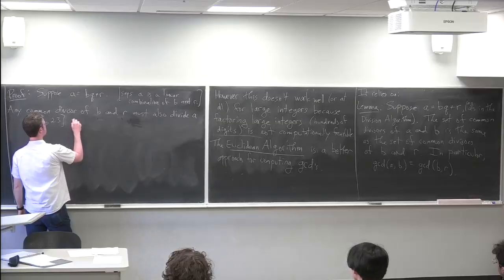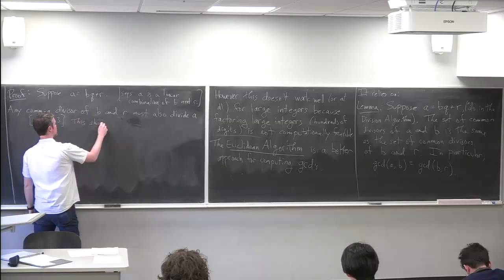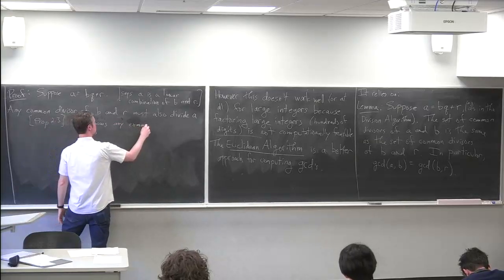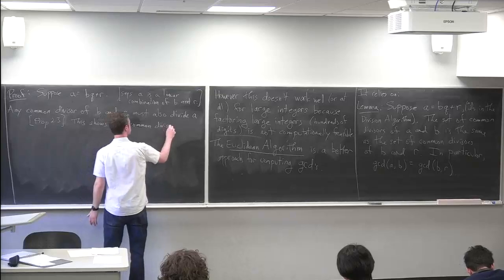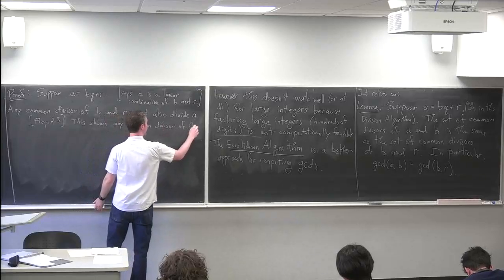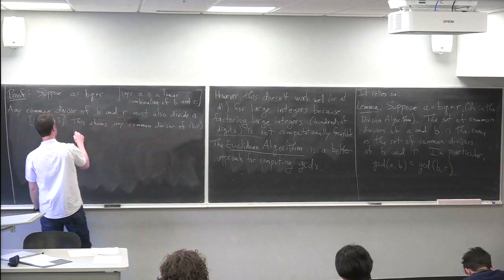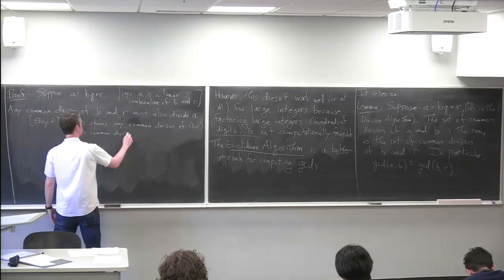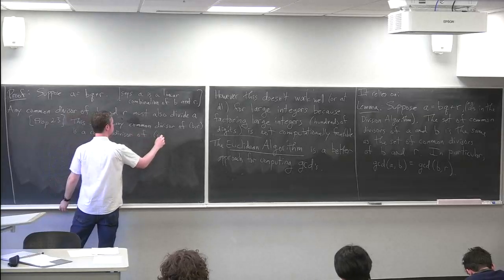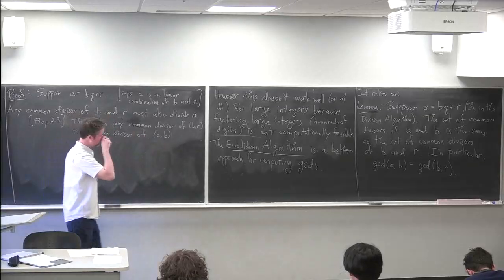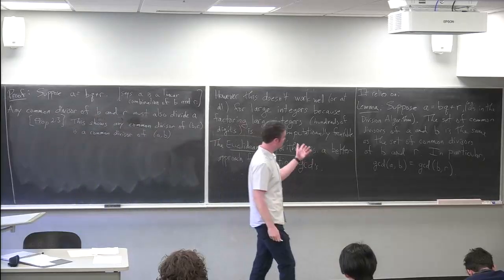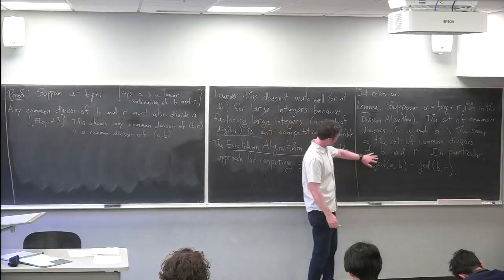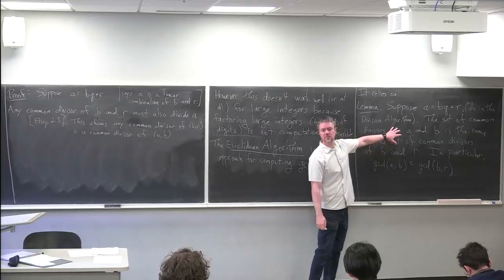So this shows, it's a little wordy to write out, but any common divisor of the pair B, R is a common divisor of the pair A, B. So in terms of these two sets, the set of common divisors of A and B, the set of common divisors of B and R, we've shown the second one is a subset of the first one.